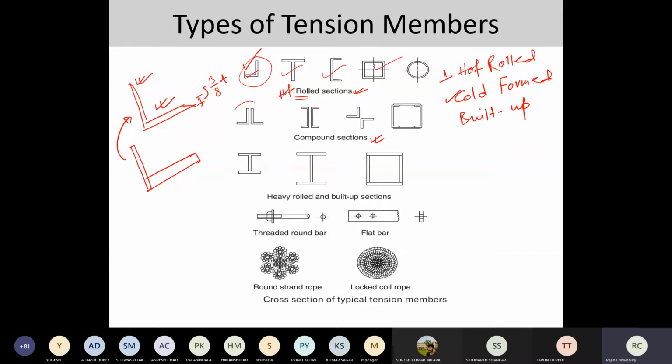Then I can provide a gusset plate in between, and on both sides of the gusset plate I will attach the angle section, and I will be making a compound section. Similarly, here is another typical example of the compound section. And these are rolled sections, hot rolled or cold rolled, it may be.